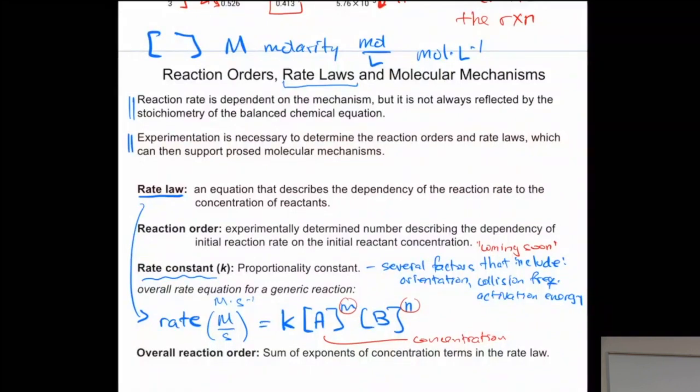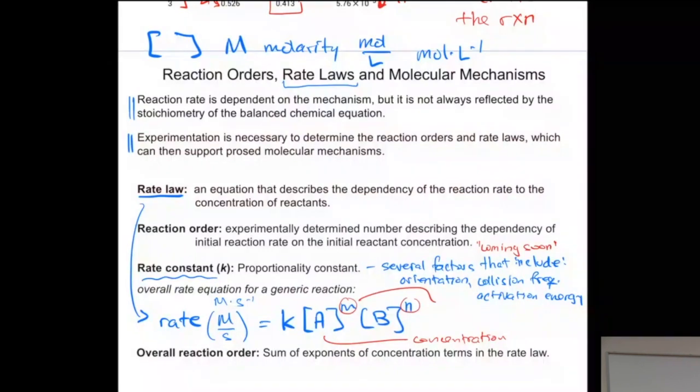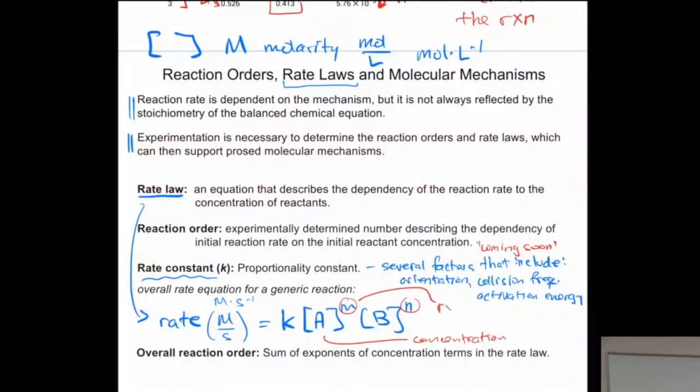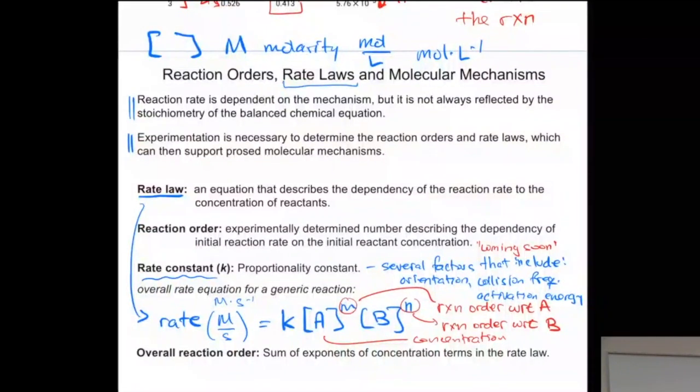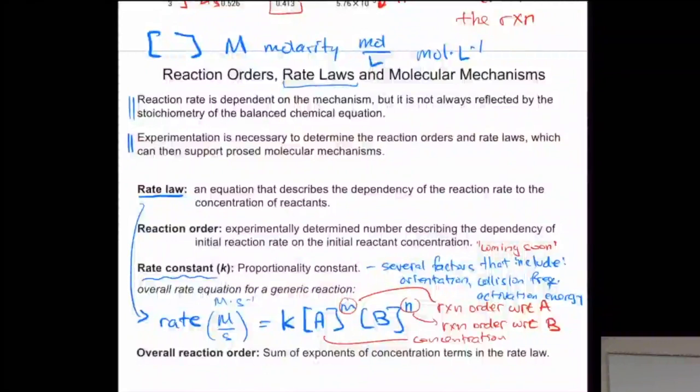So let me be specific here. M is the reaction order with respect to A, and N is the reaction order with respect to B. So if I haven't used it before, RxN, that's reaction, WRT, with respect to, okay?